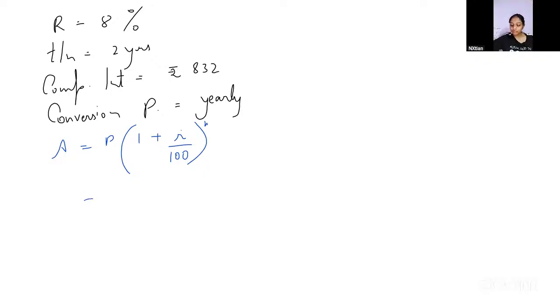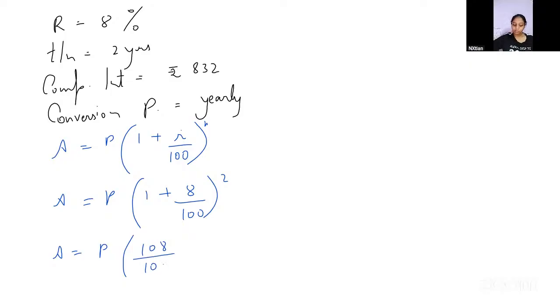I don't know A, I don't know P. Okay. 1 plus R by 100 raised to the power N only we will solve. 108 upon 100 raised to the power 2. Either you can do this, then cancel 108 and 100.